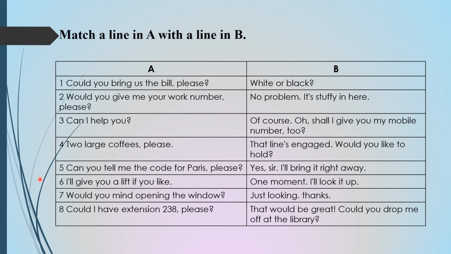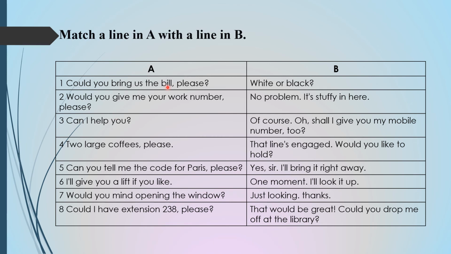So look at these sentences. Most sentences, whenever you are asking questions, start with could or would, or maybe can. All of these modal verbs make your question a very polite one.